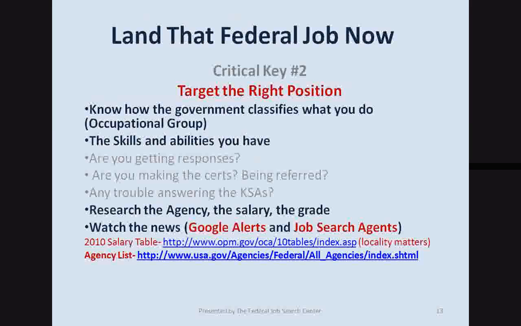So one of the questions that we get a lot is, how do you really target the right position? What grade level should I go for? If there is an imbalance between what your salary was in the private sector versus what it may be in the federal government, you really have to balance that out with what you're getting and evaluate that on a case-by-case basis.